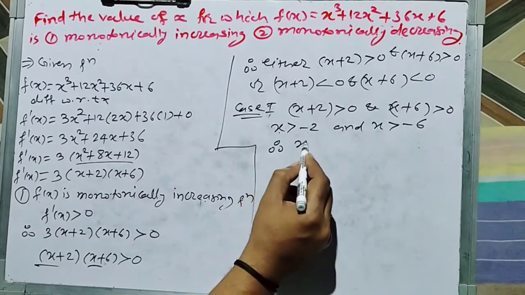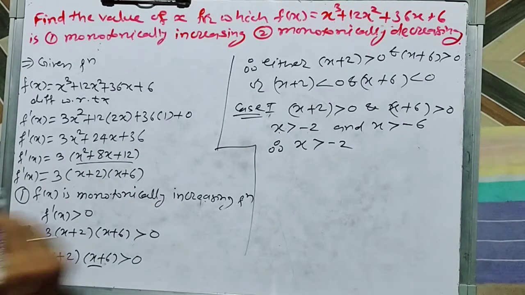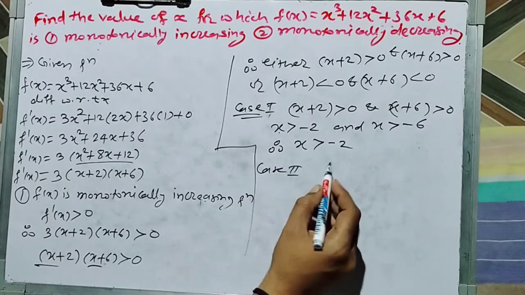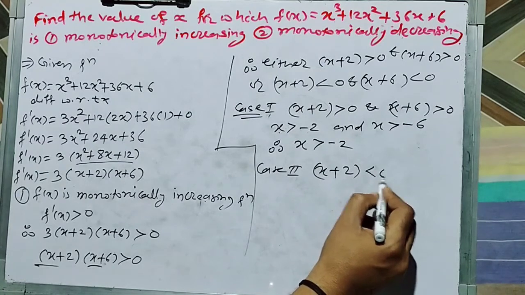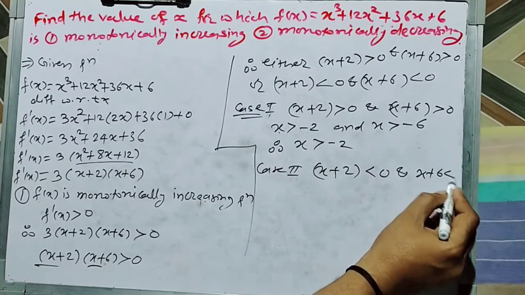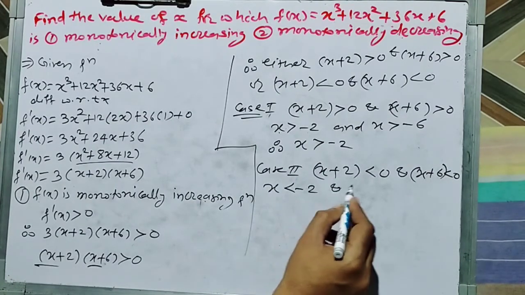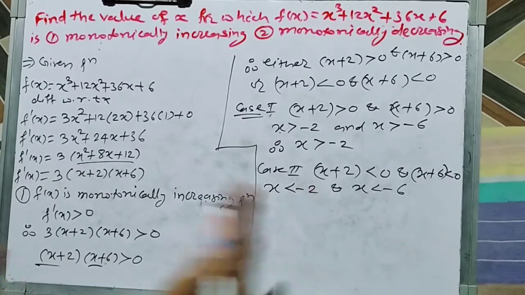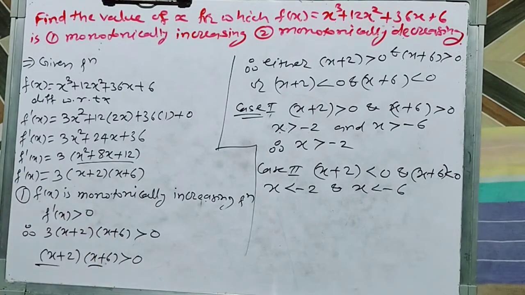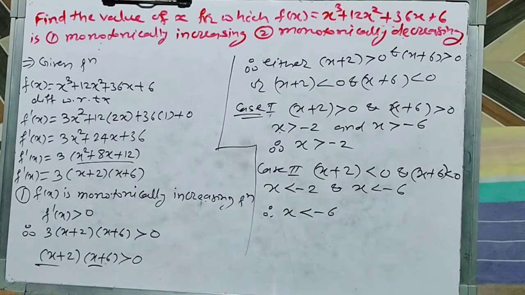It means that x must be greater than minus 2. Now for the second case, x plus 2 is less than 0 and x plus 6 is less than 0. It means x is less than minus 2 and x is less than minus 6. So therefore x must be less than minus 6.